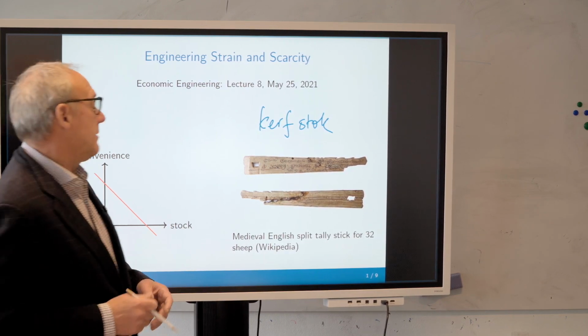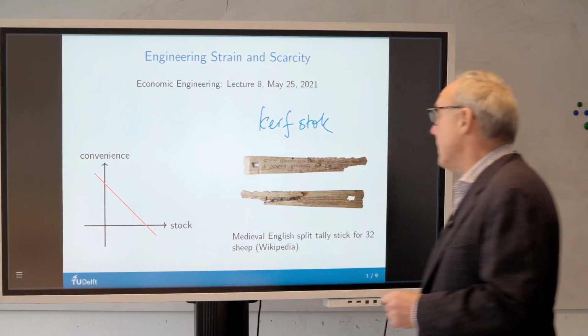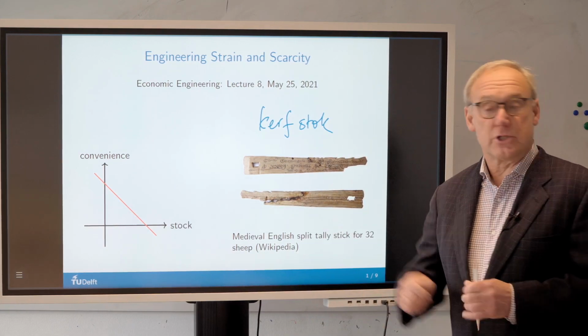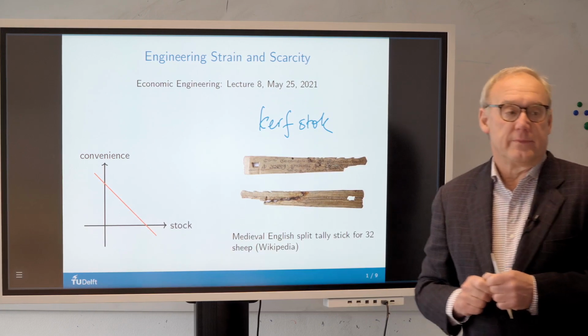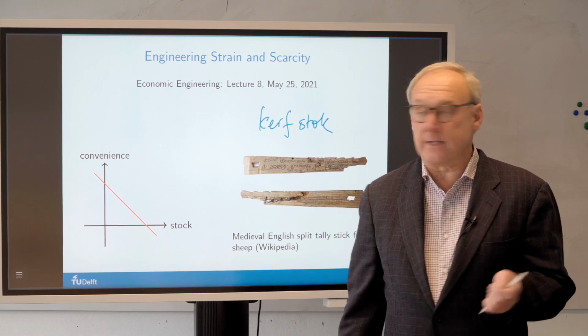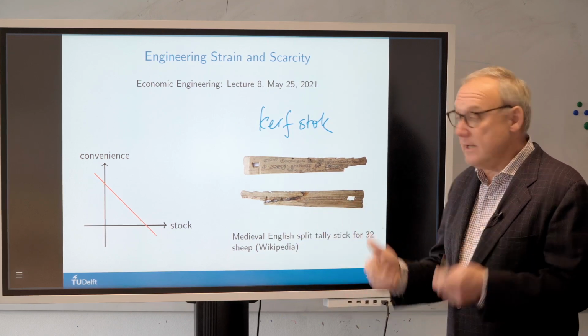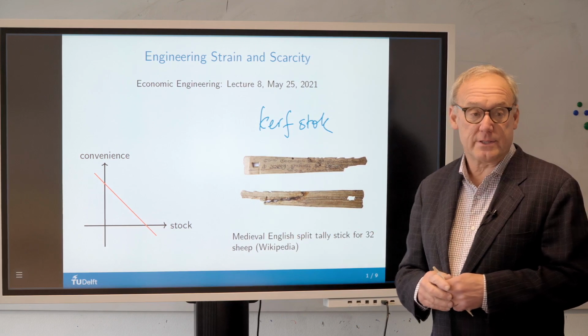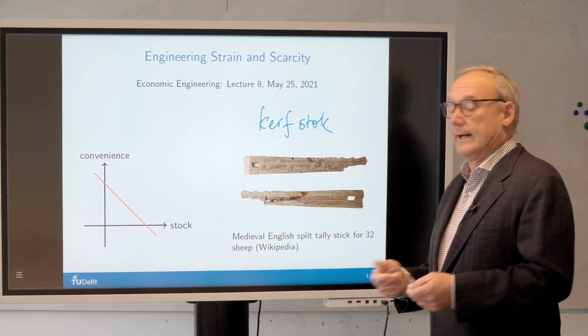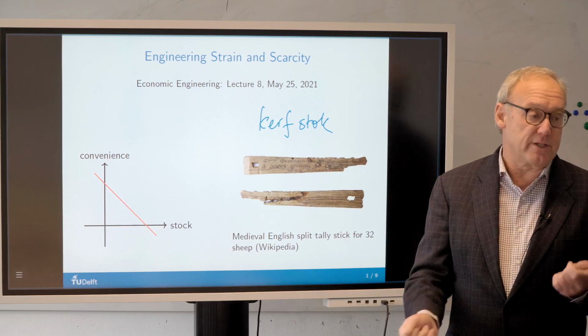Now, there are two people involved. There's a party and there's a counterparty. So there's the one extending the loan. That's the creditor. He has to believe that he gets his stuff back. And then there's the debtor, the one receiving the loan, the borrower, in this case. And he's also party to the transaction. So both of them need a receipt for this thing.